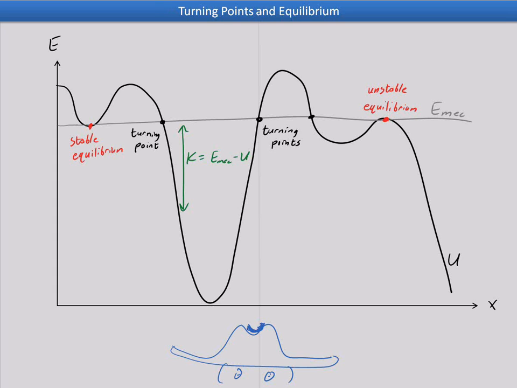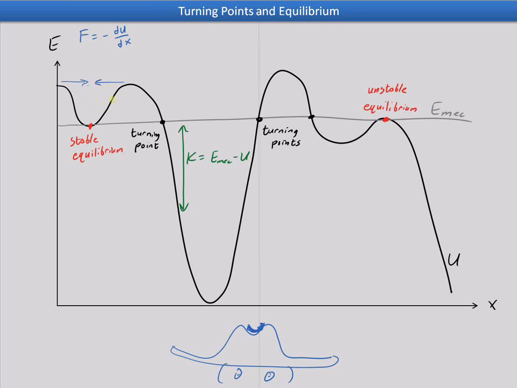So if we think about it right here, the slope of this graph is negative, which means that the force would be positive. Remember, force is equal to the negative of the derivative of the potential energy. Positive means positive x-axis, so all the way up until this equilibrium point, the force points to the right. And then here, this segment, the force is negative, so it points to the left.